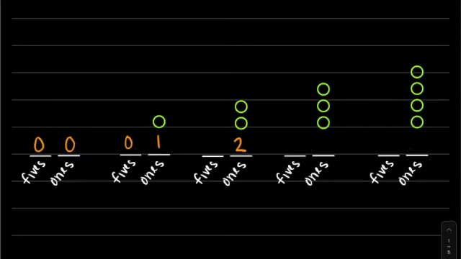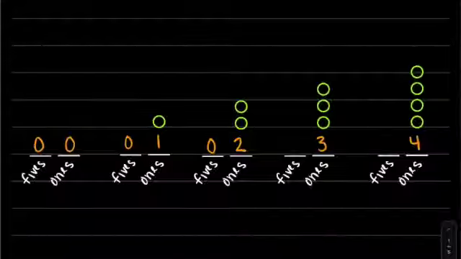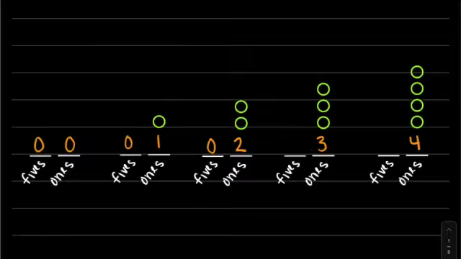So in base 5, it looks like this. If we want to include the 0 groups of 5s, we can, but we don't have to. All right, and then continuing over here, we have 3 1s, 0 groups of 5, and here we have 4 1s. So this is an example of counting just with single digits here in base 5.